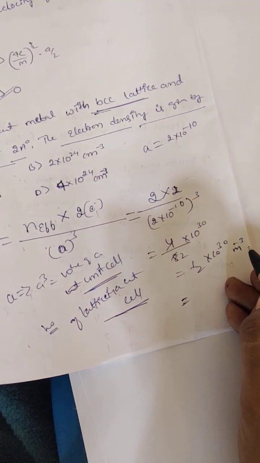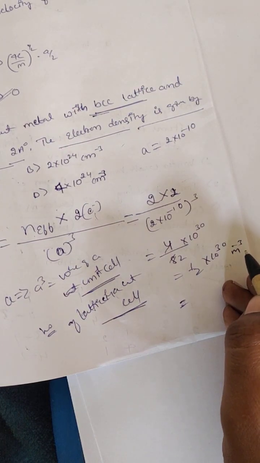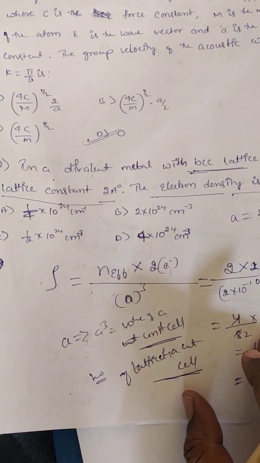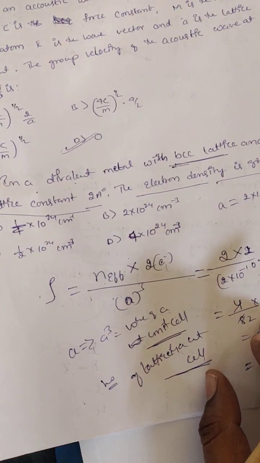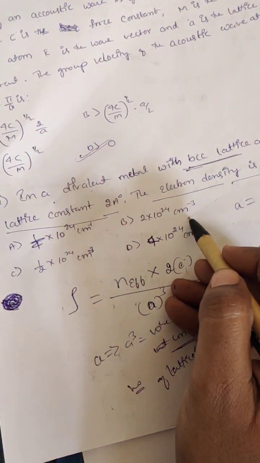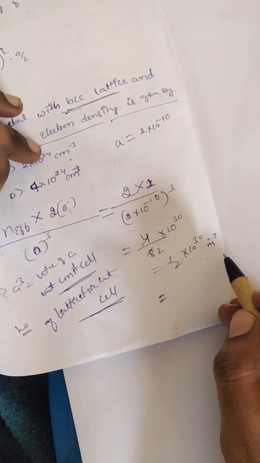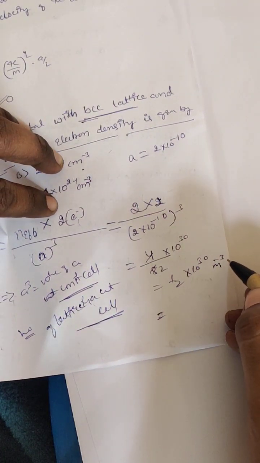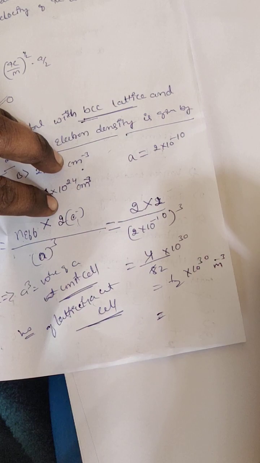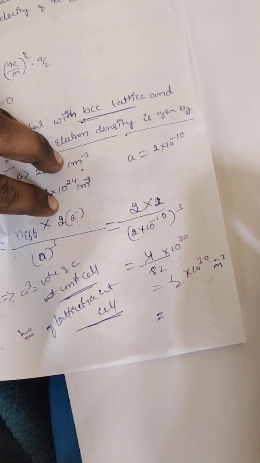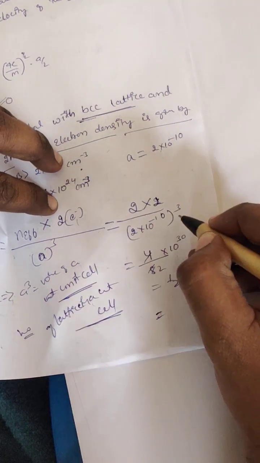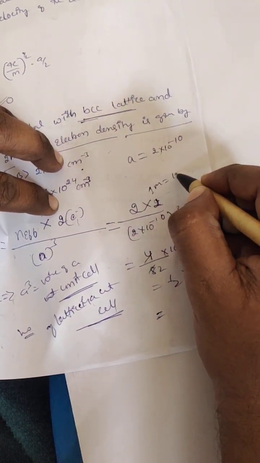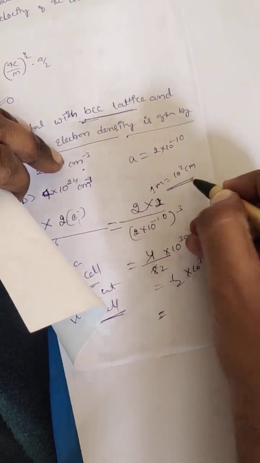But here in the options, it is in terms of centimeter cube. So we convert meter to centimeter: 1 meter is equal to 10 to the power of 2 centimeter.